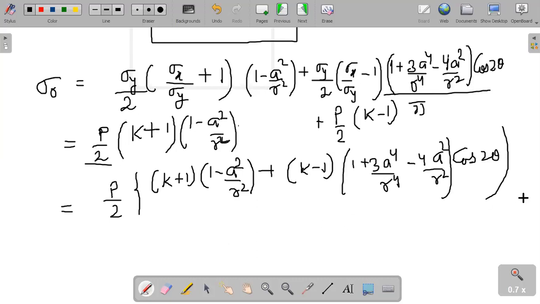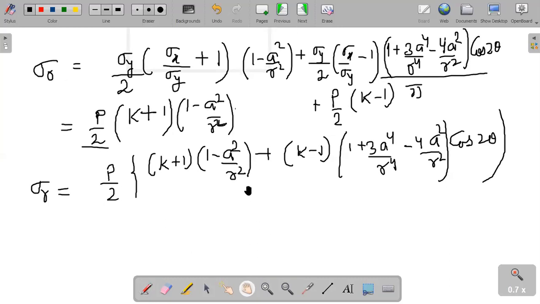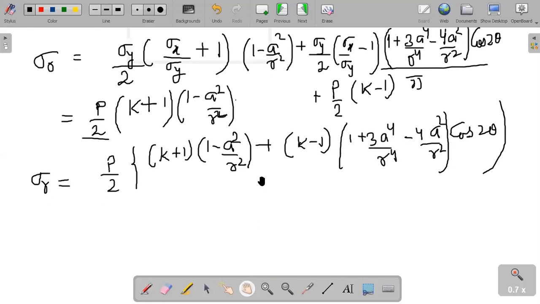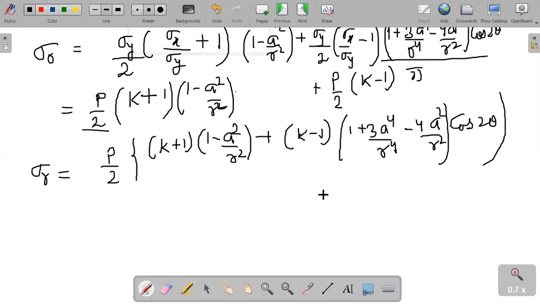This is what finally comes, sigma r in terms of p and k. But the good news is that in most of the questions asked till now, they gave values such that this full value will become 0. When this full value will become 0, can you say?